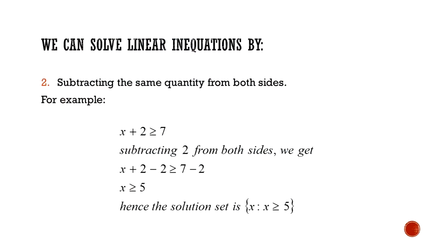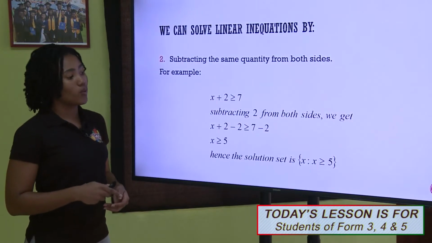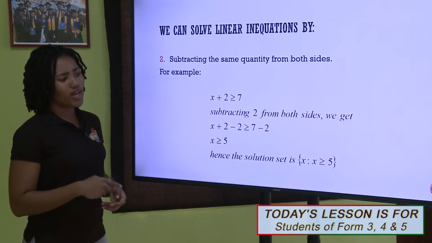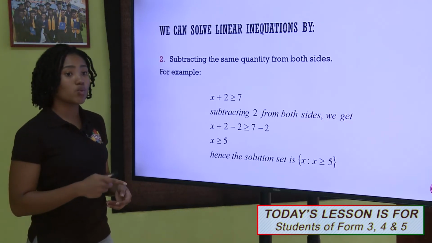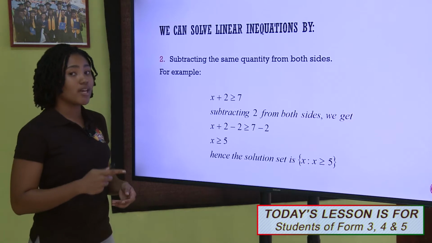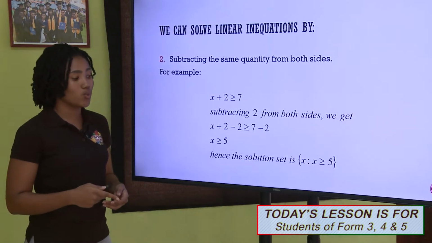We can also solve linear inequations by subtracting the same quantity from both sides. For example, we have x plus 2 is greater than or equal to 7. By subtracting 2 from both sides, we get x plus 2 minus 2 is greater than or equal to 7 minus 2.